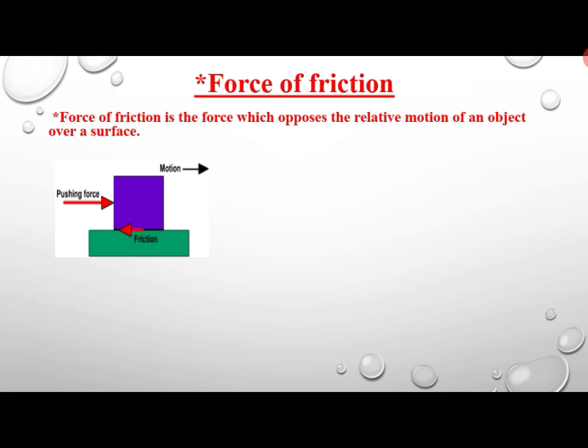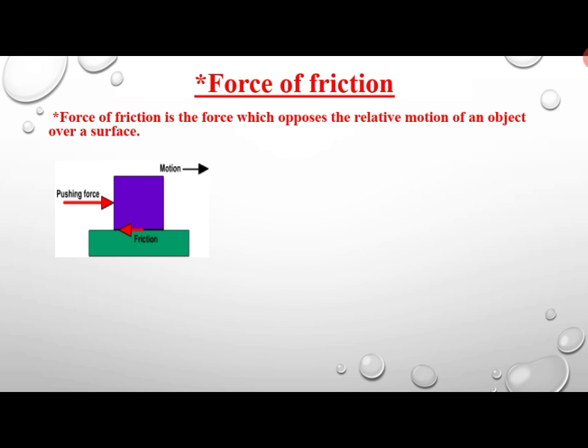We are applying a force, that is a pushing force. This force makes the object move forward, but the force of friction comes into play and it acts opposite to the direction of that pushing force and makes the object come to rest. It opposes the relative motion of this block over the surface.